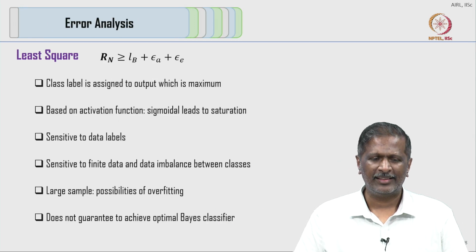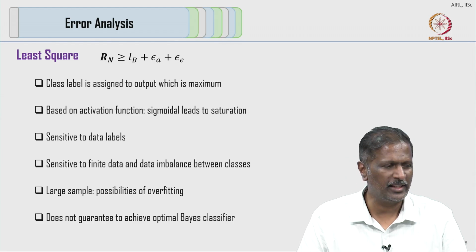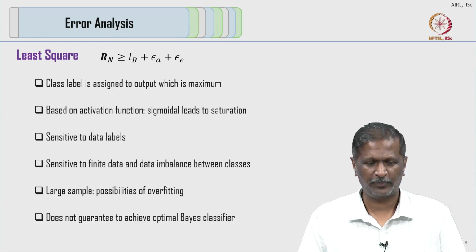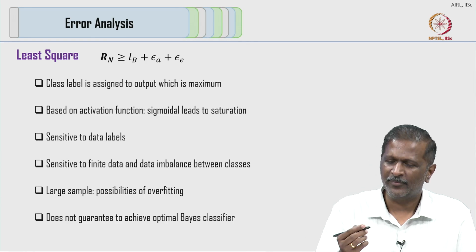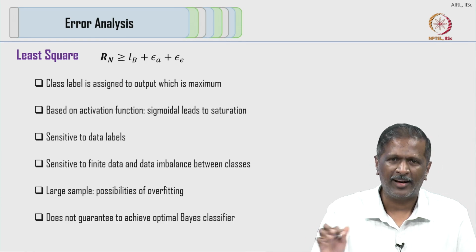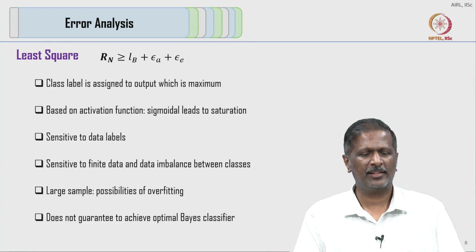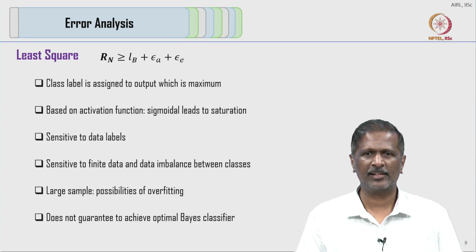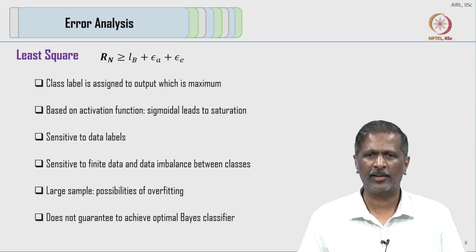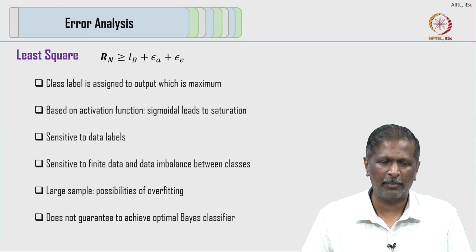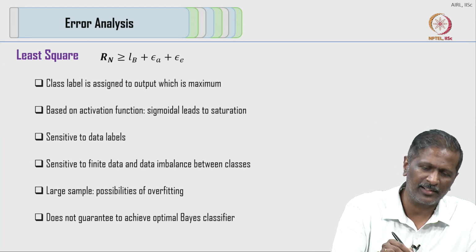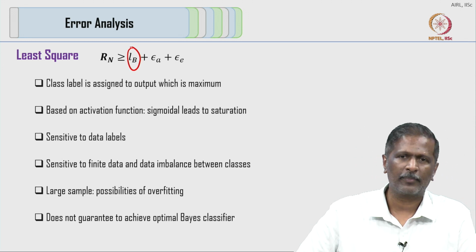Now let's try to understand how these loss functions are going to behave. If you remember, we talked about the ideal function, the optimal Bayesian classifier. I know the true model, and somehow I am estimating the parameter, and that's my Bayesian classifier, which is L beta.